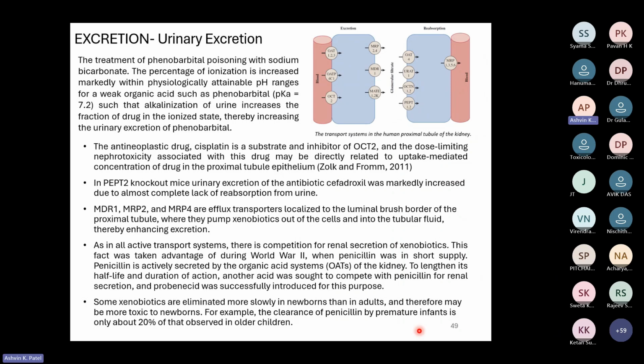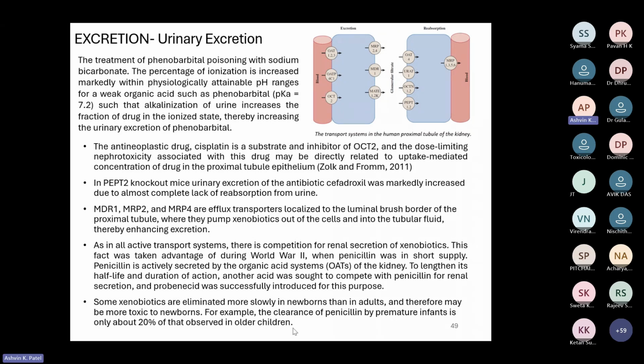The antineoplastic drug cisplatin is a substrate and inhibitor of OCT2; the dose-limiting nephrotoxicity associated with this drug may be directly related to the uptake-mediated concentration of the drug in the proximal tubule epithelium. In PEPT2 knockout mice, urinary excretion of the antibiotic cefadroxil was markedly increased due to the almost complete lack of reabsorption from the urine.